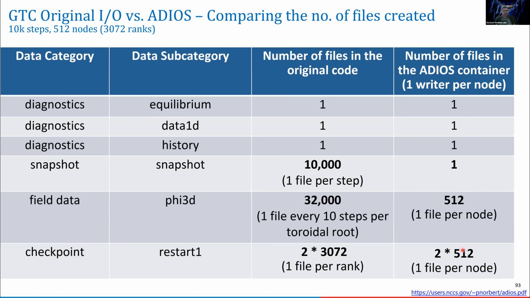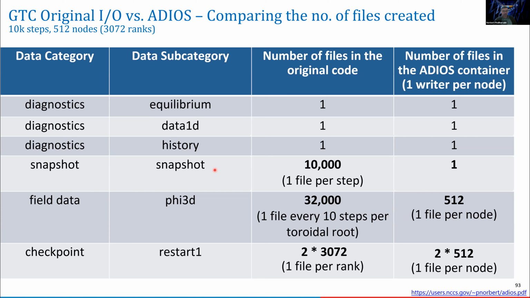So GTC is another code, and the big deal was not about improving the checkpoint, writing more than 2.2 terabytes a second. It was more important that we decrease the number of files created over the long simulation, like 32,000 analysis data files into 512 files.